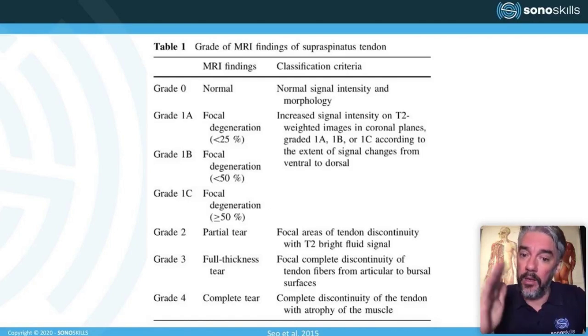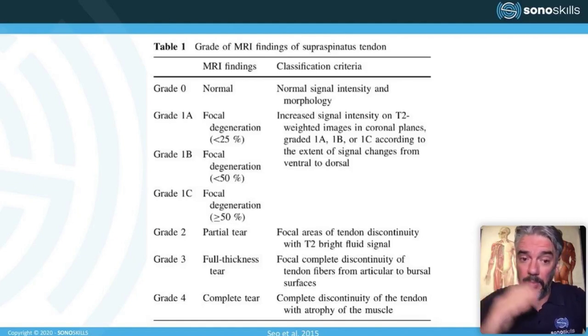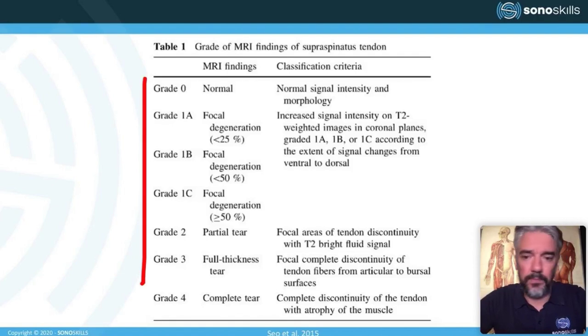And 1A is less than 25%, 1B is 25 to 50%, and 1C is 50% and more. Then we have grades 2, 3, and 4 being the tearing: partial thickness tear, full thickness partial width tear, and then the complete tear. So this is a grading system you can use, and I also use it in clinical practice.